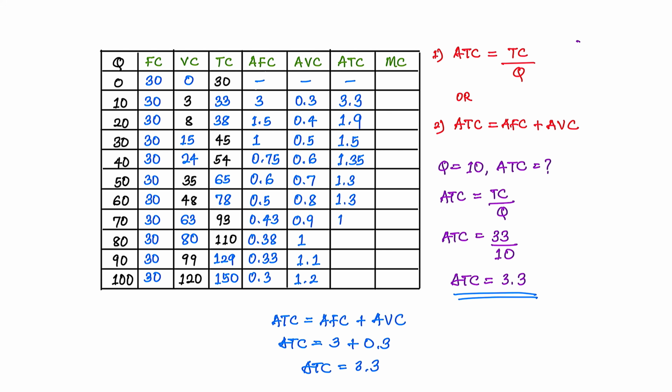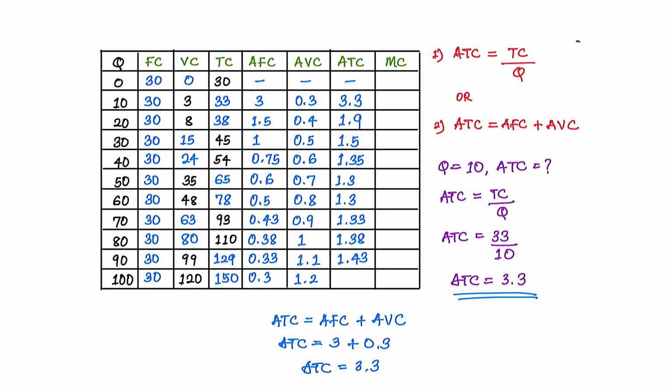Average total cost 1.33. Next, we have average fixed cost is 0.38. Average variable cost is 1. The sum is 1.38. So average total cost 1.38. Next, we have 0.33 plus 1.1. That will give us a sum of 1.43.